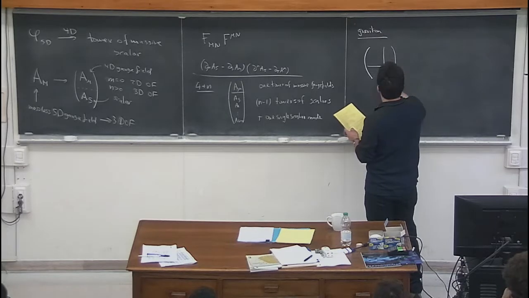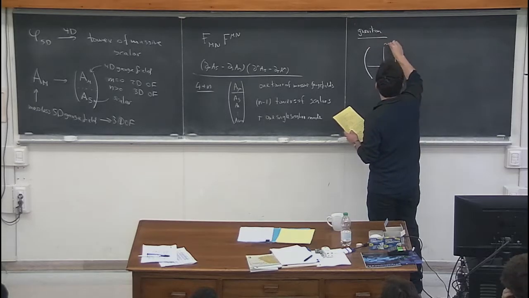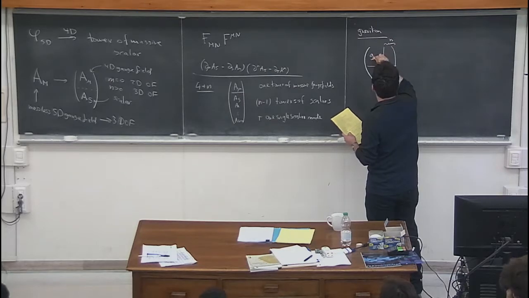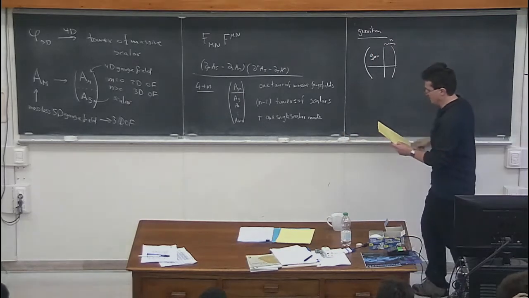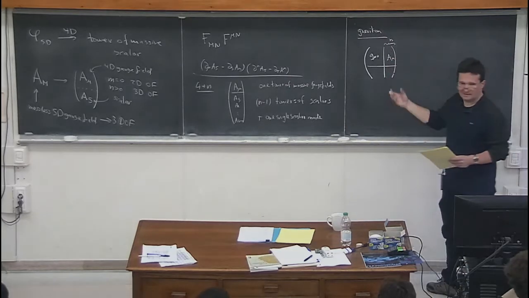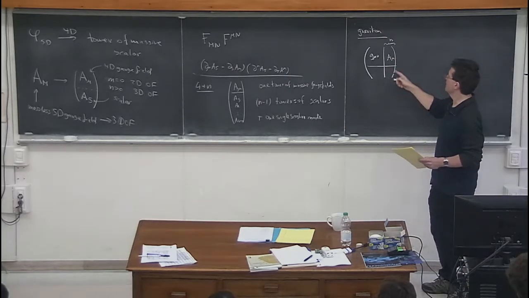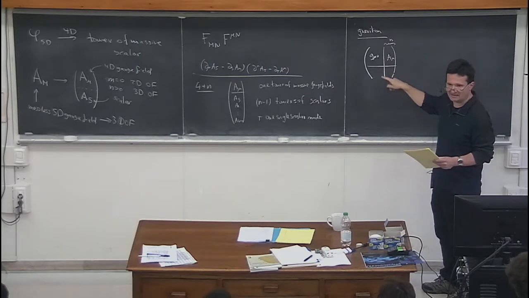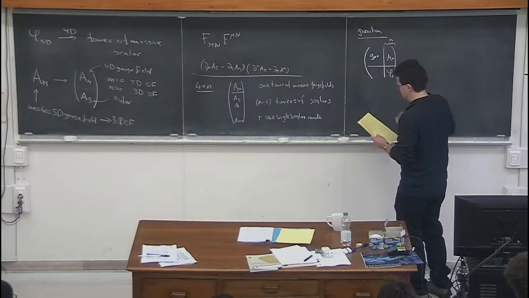Let's do it immediately in n extra dimensions. Here you have the G_μν, here you have a bunch of gauge fields A_μ, and then here you have a bunch of scalars living in the symmetric n by n lower part. So these would be some scalars.